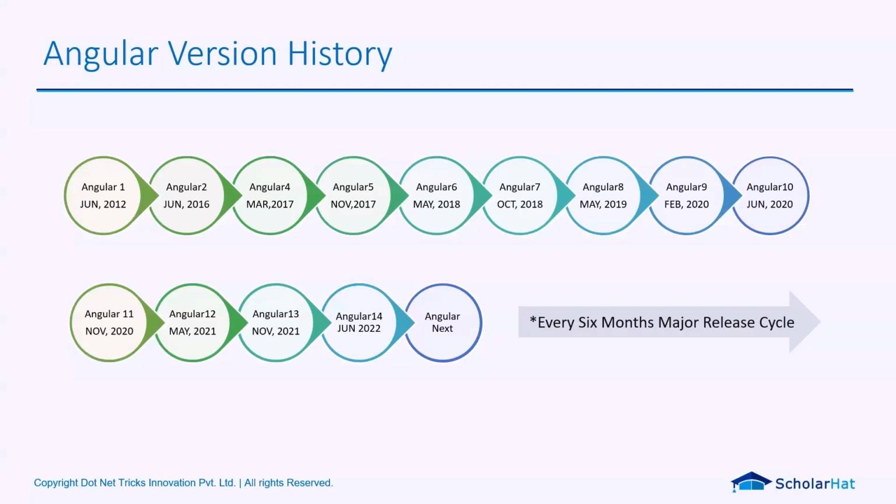They are also improving performance. They are also adopting the latest set of features so that you always stay in sync with the ES version, because we have ES7, ES8, and such versions being released. And even TypeScript is evolving, so they are keeping things in step with TypeScript version releases.